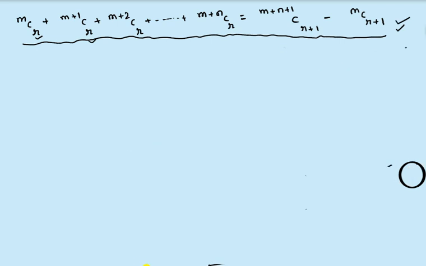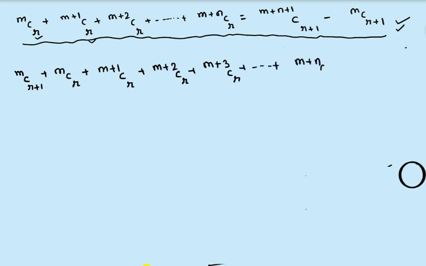Okay, this result we can do in another way also. One particular term I am adding: mC(r+1) plus mCr plus (m+1)Cr, next one is (m+2)Cr plus (m+3)Cr and so on, plus (m+n)Cr minus mC(r+1).